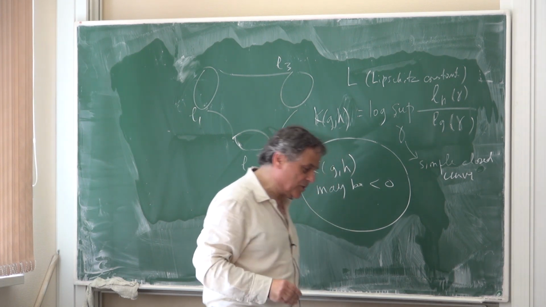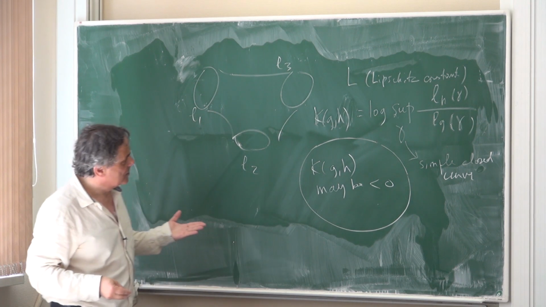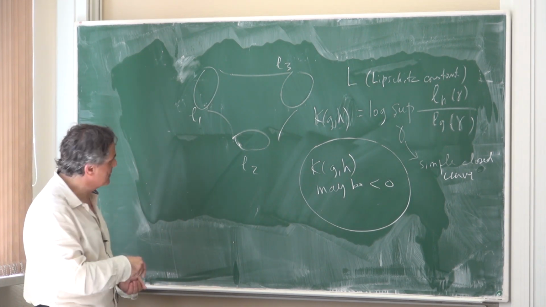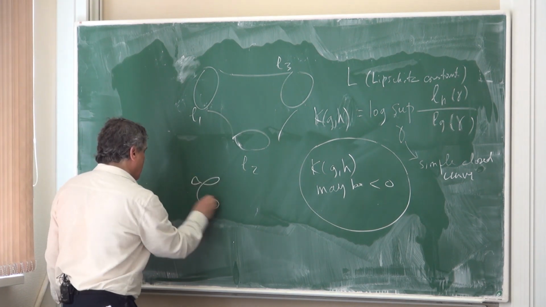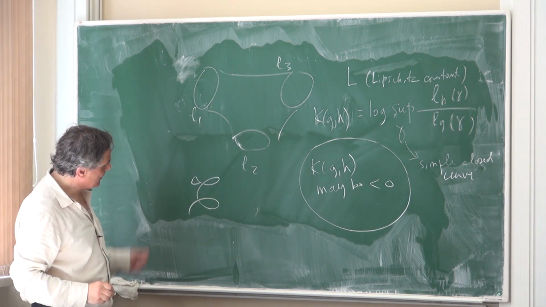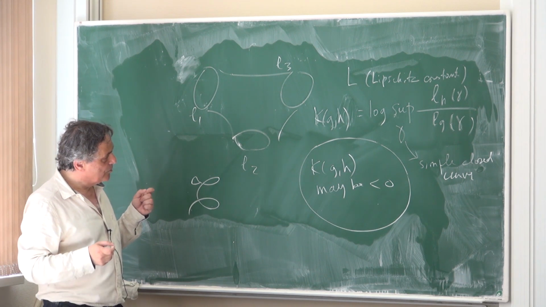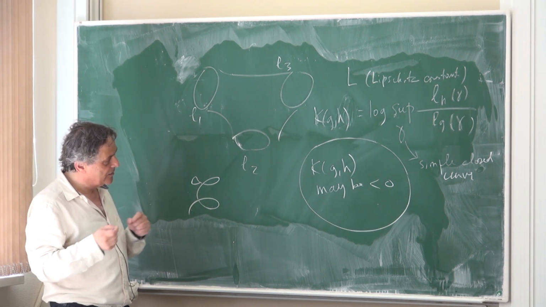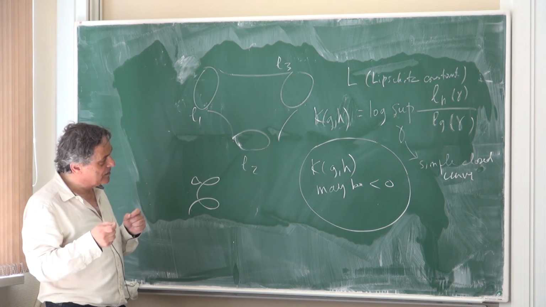one possible way to go is to say, okay, I have some more structure on this Teichmüller space. I have the notion of points whose distance is positive, and these are the good pairs of points.